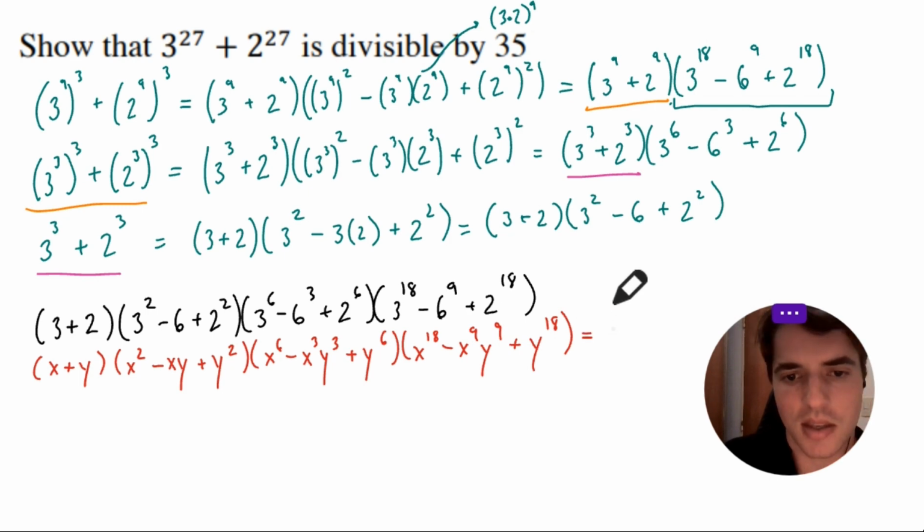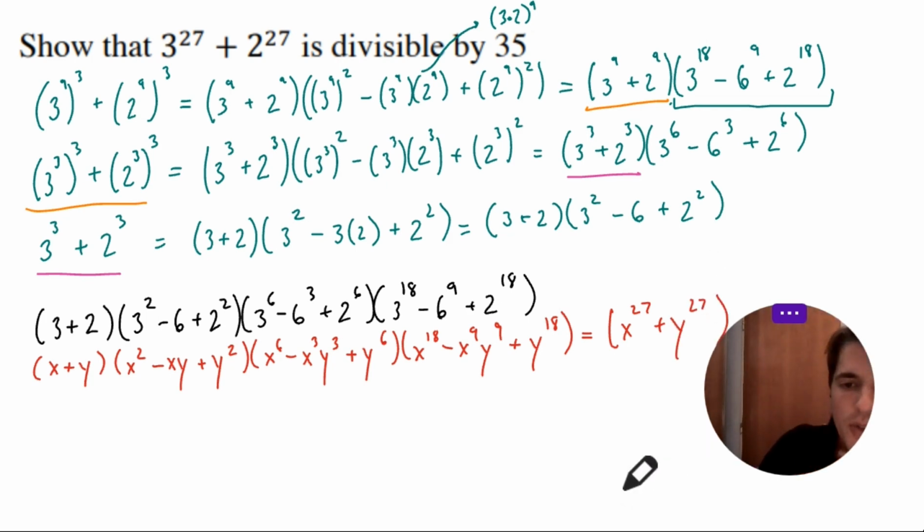This is the same as x to the 27th plus y to the 27th. Yeah. So here's the fully factored out form.